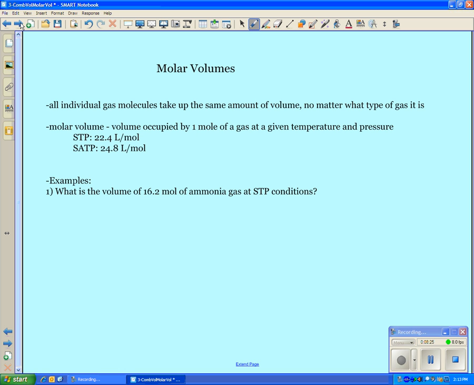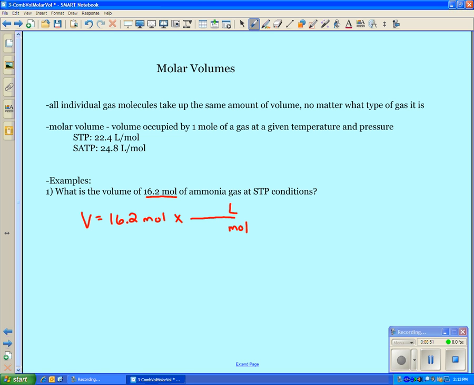What is the volume of 16.2 moles of ammonia gas at STP conditions? We're looking for volume, so we're going to calculate V. Starting with the 16.2 moles, we want to, again, multiply by a ratio so that we end up with volume. If we're looking for volume, that must mean that we want liters, so they need to go on the top.